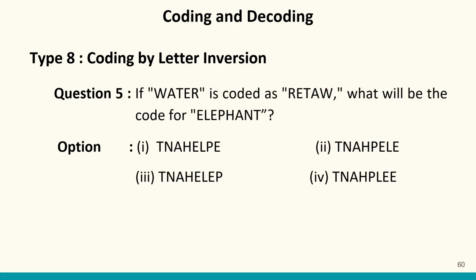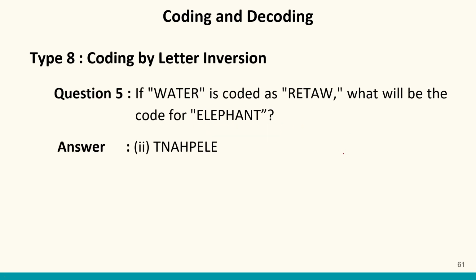Then again, similarly, we are just reversing the order. So for elephant, it will be T, N, A, H, P, E, L, E. TNAHPELE is given in option number 2. So option number 2 will be the correct answer.